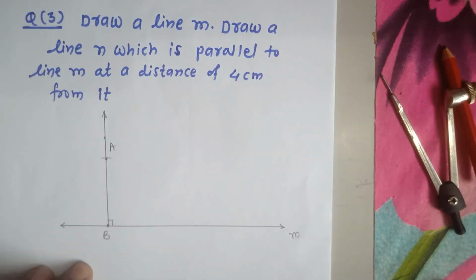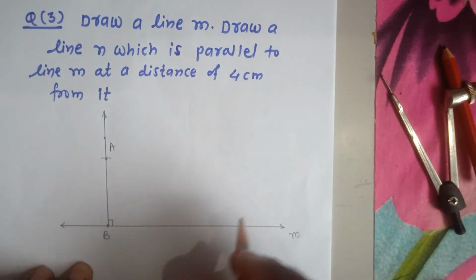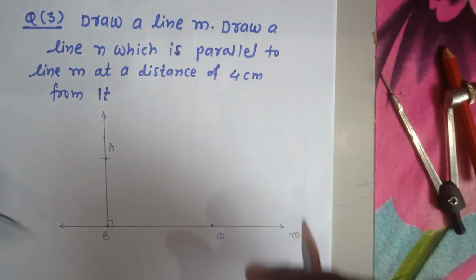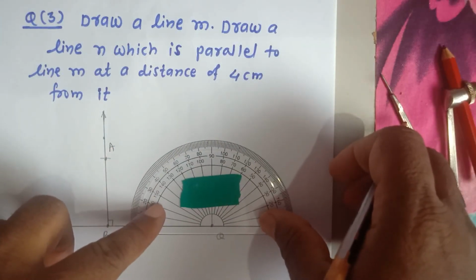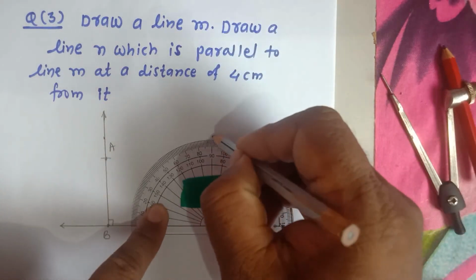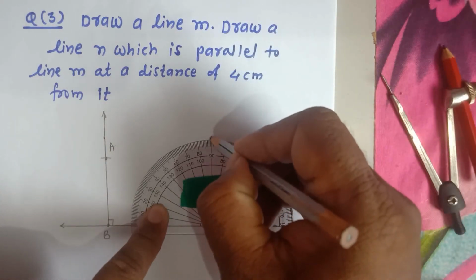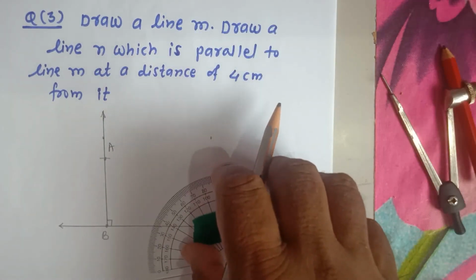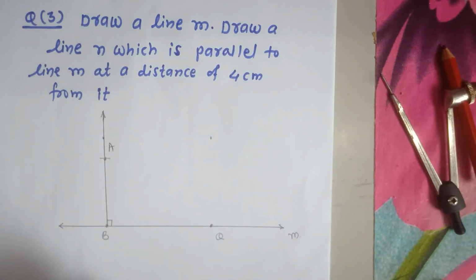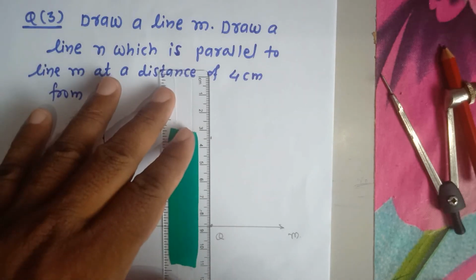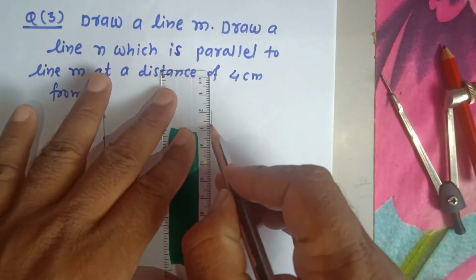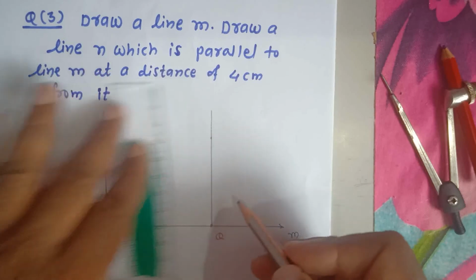Now take one another point Q on line L. Draw a perpendicular to the line L from point Q using protractor or compass, in this way.